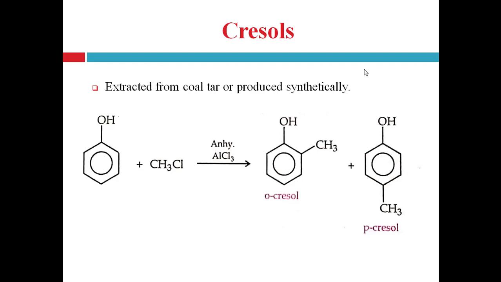Phenol reacts with methyl chloride in presence of aluminium chloride and produces a mixture of orthocresol and paracresol. It is an example of Friedel-Crafts alkylation, right? Friedel-Crafts alkylation of the benzene ring in phenol. So it produces a mixture of ortho and paracresol.